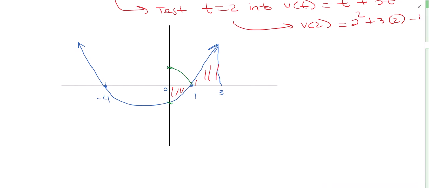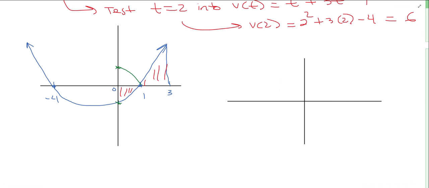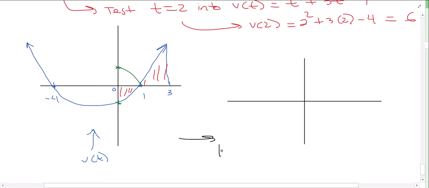So if we did the absolute value of this function, so let's call this one our v of t. And so then if I take the absolute value of v of t, I'm going to try to draw it here.